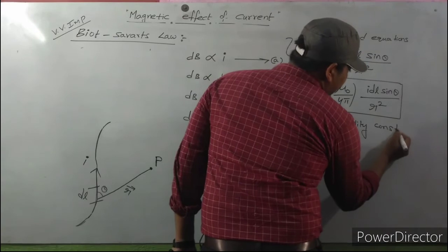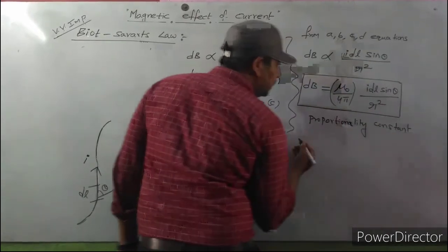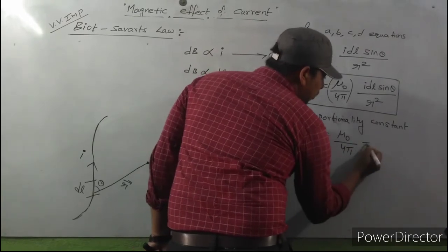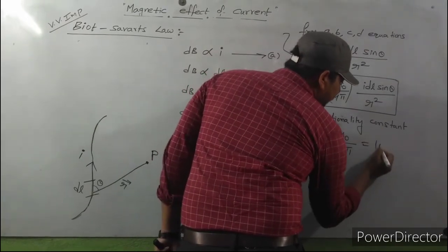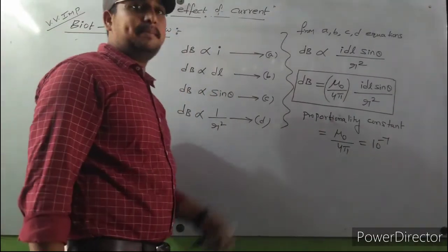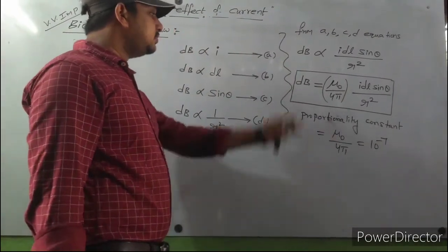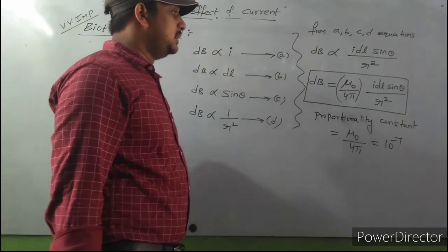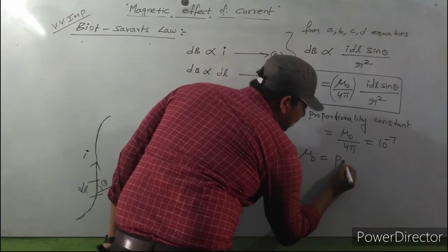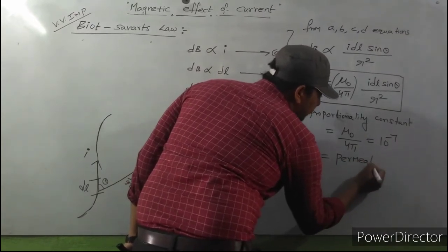The proportionality constant mu naught by 4 pi is equal to 10 power minus 7. Here mu naught is the permeability of free space.